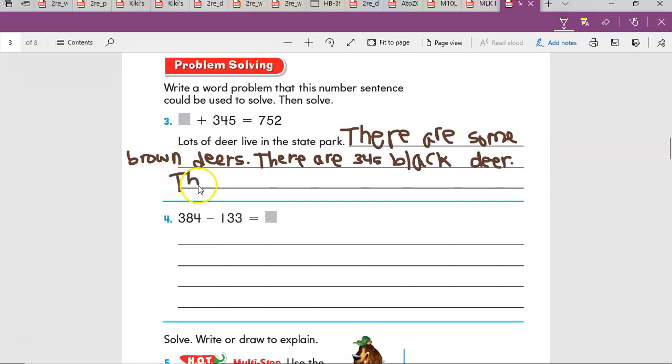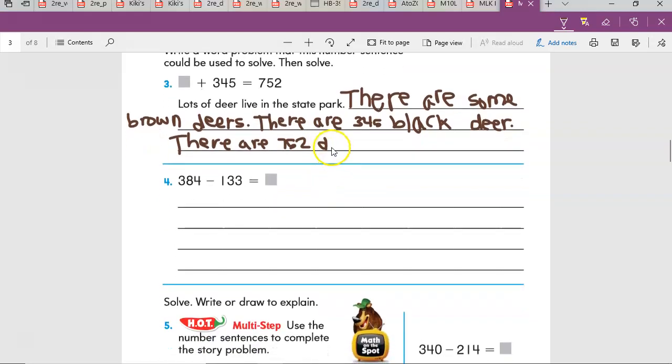Or there are 752 deer total. What's the question? What should the question be? How many brown deer are there? Very good.